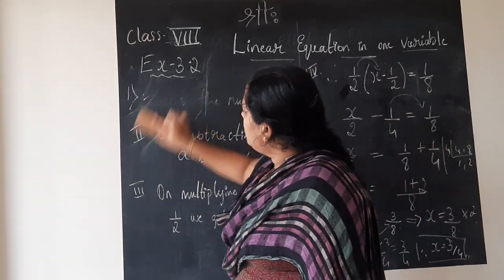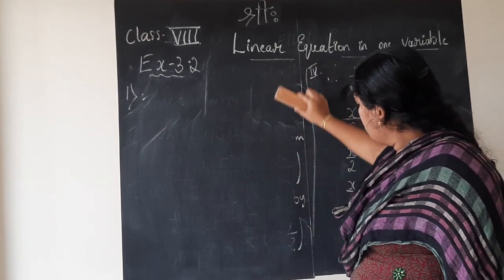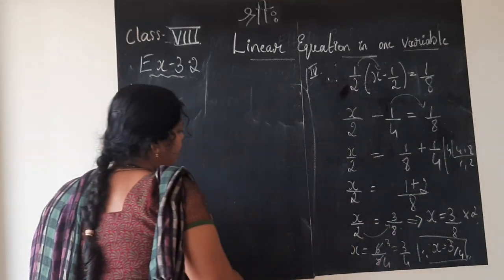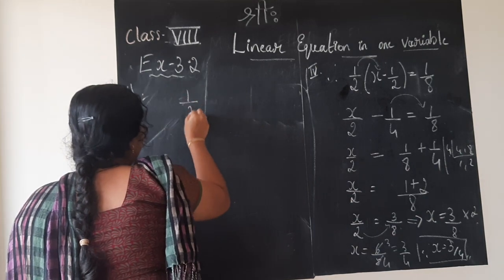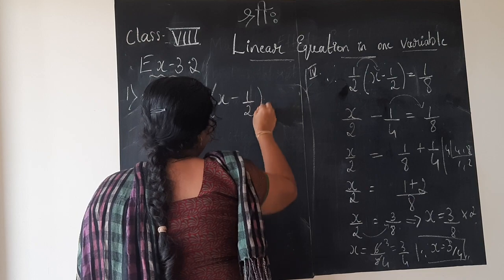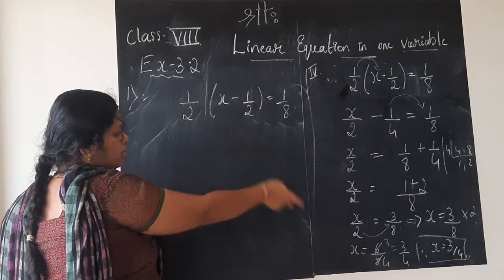So this ends the problem, children, but you should not blindly solve the problem. Now we got X is equal to 3 by 4, no? So let us check by one step verification whether this 3 by 4 is correct or not. So what did we have? They said half into X minus 1 by 2 is 1 by 8. So what is X we got? 3 by 4.